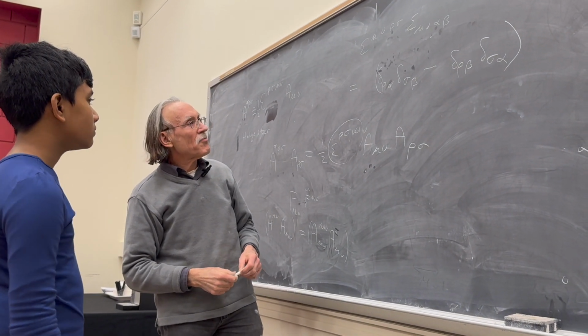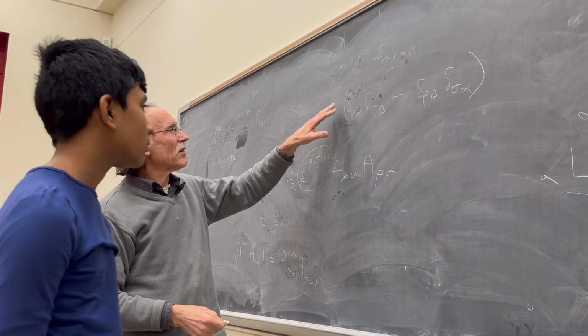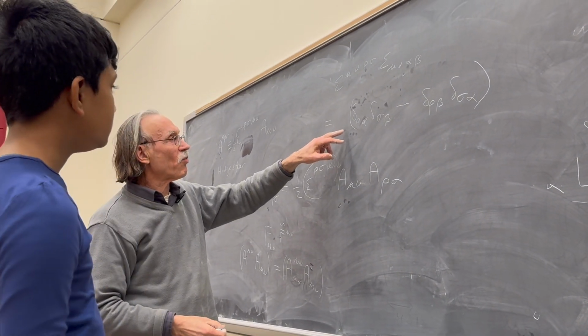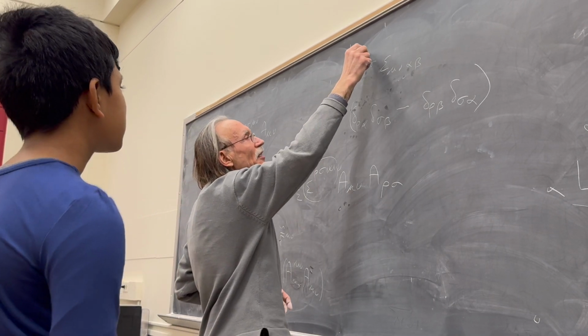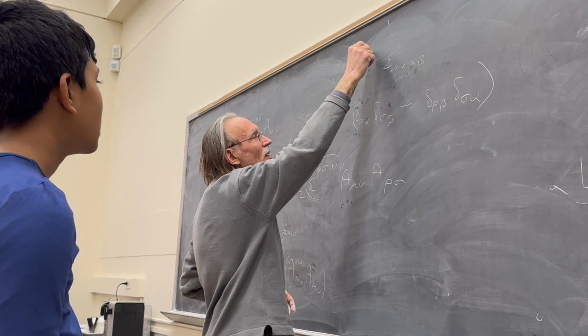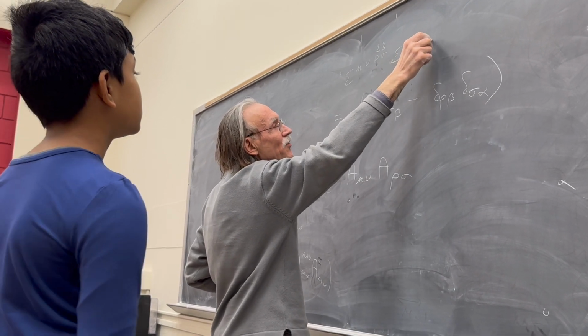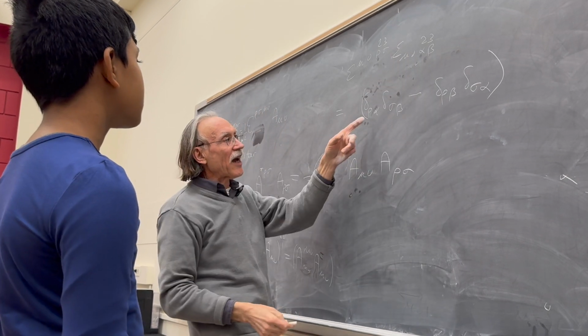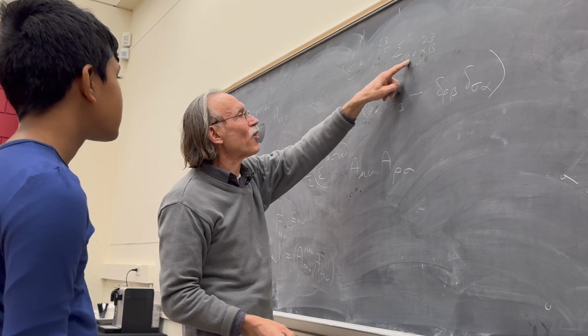And I can then calculate one of them. For example, if I choose this 2, 3, and I choose this 2, 3, then I only have this term, but they're summed over.